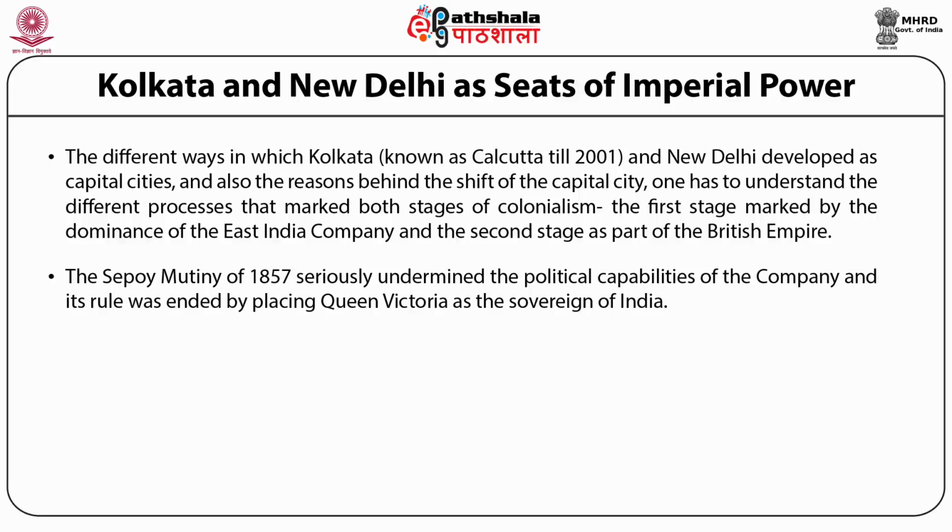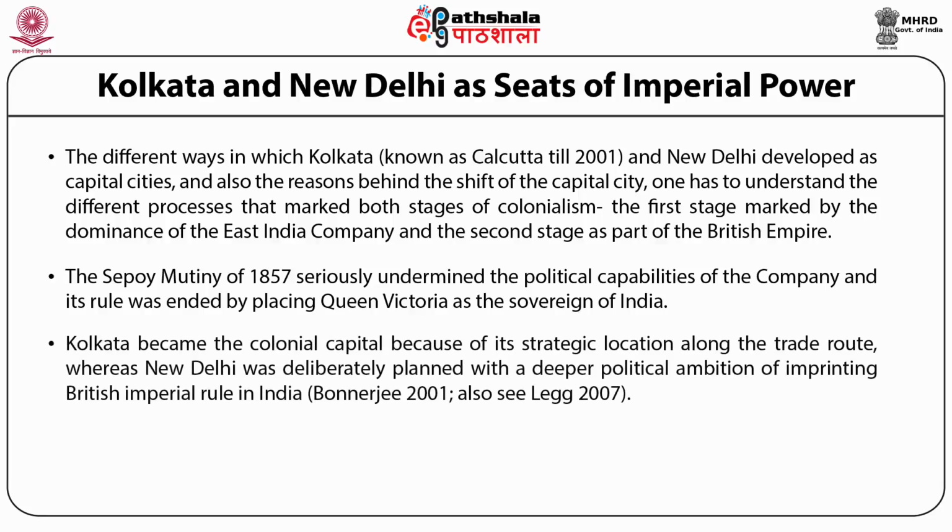Urban planning was used extensively to translate the political symbols of imperialism into visible form. Kolkata became the colonial capital because of its strategic location along the trade route, whereas New Delhi was deliberately planned with a deeper political ambition of imprinting British imperial rule in India.